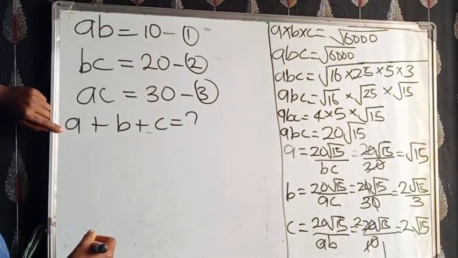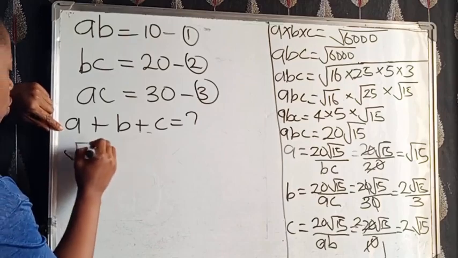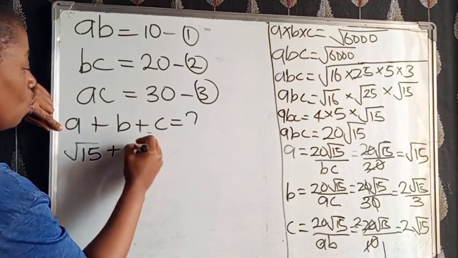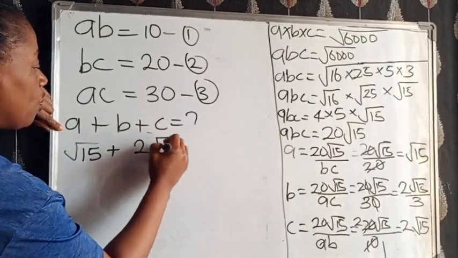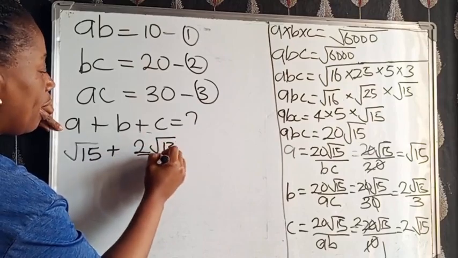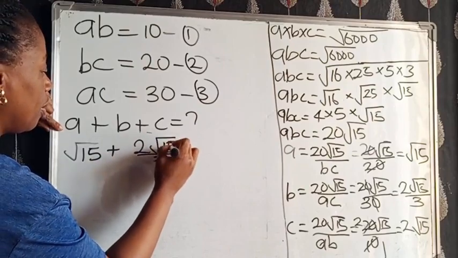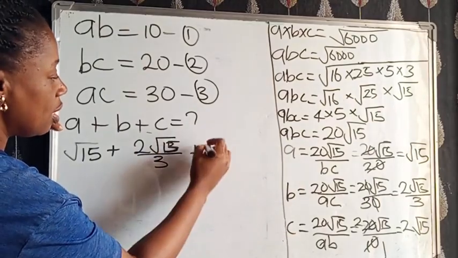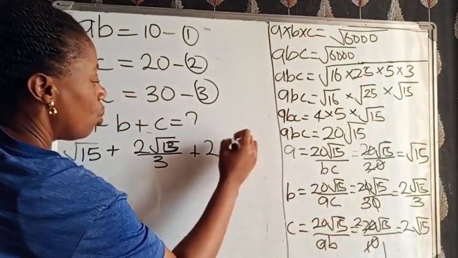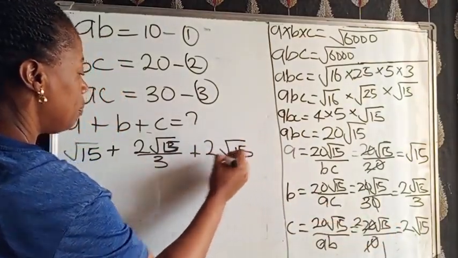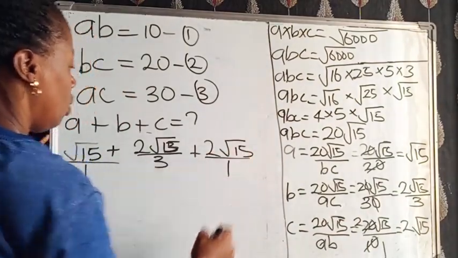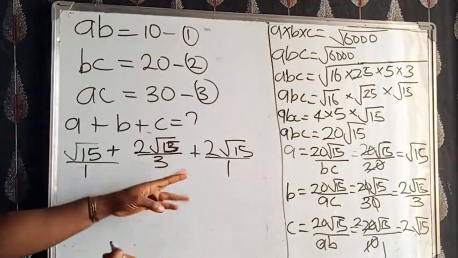So A equals root 15, plus B equals 2 root 15 over 3, plus C is 2 root 15. Let's assume this is all over 1. So we find the LCM.